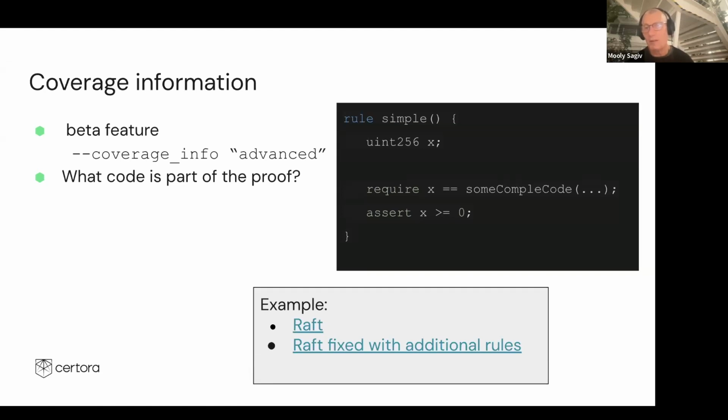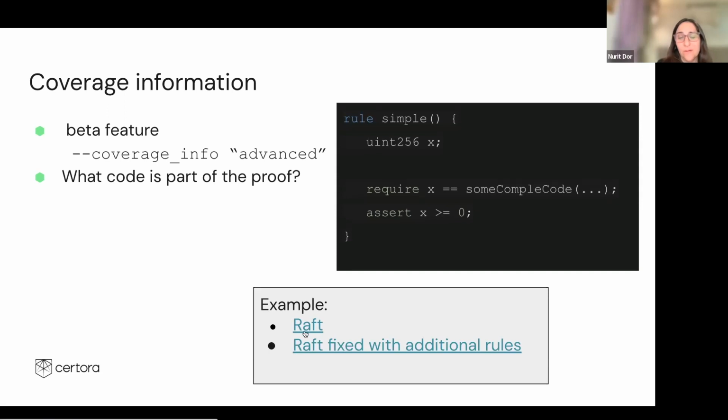The idea is that the solver is trying to give you the reason why things are correct, and if something is not used in the reasoning, it is fishy. That's the idea. Yes, exactly.